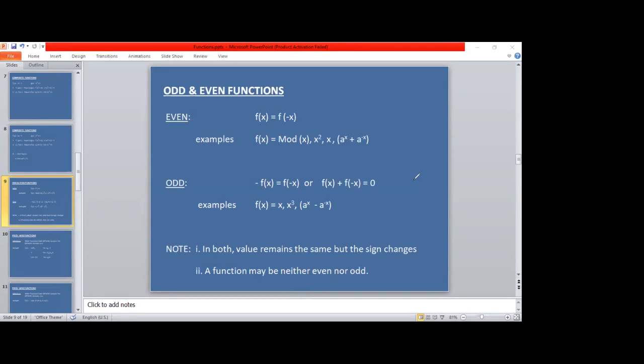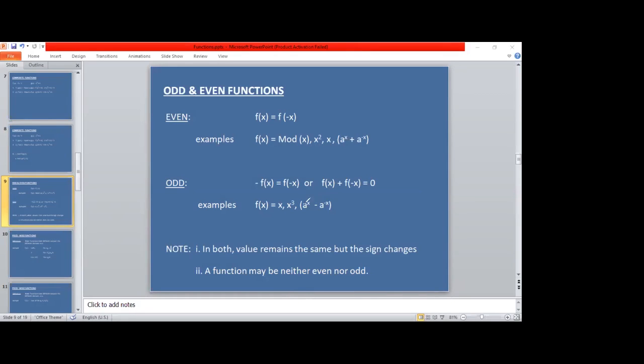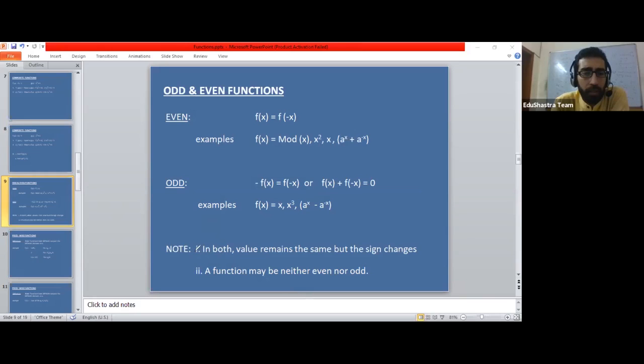I understood in which cases a function can be even and a function can be odd. What are these two notes at the bottom of the slide? What do these two signify? So note number 1 means that for both odd and even functions, the value of the function remains the same.